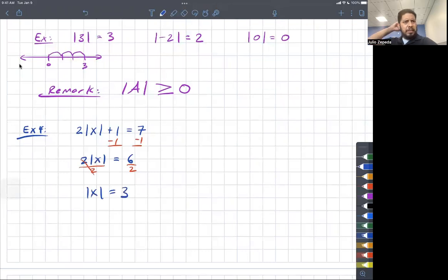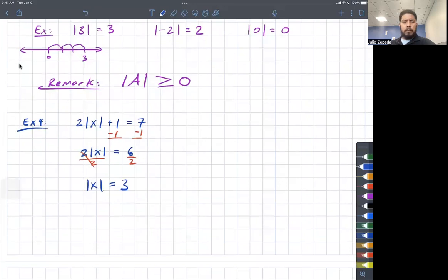Now, this is where we need to think a little bit about how we deal with this absolute value in this equation. We're basically looking for any number whose absolute value is 3. That's what x is.